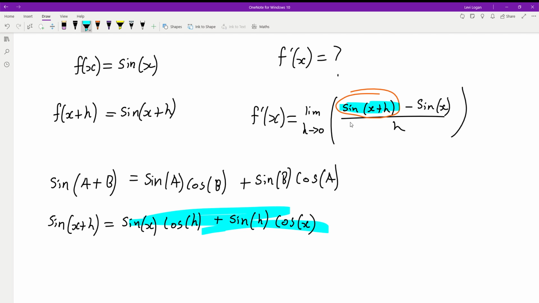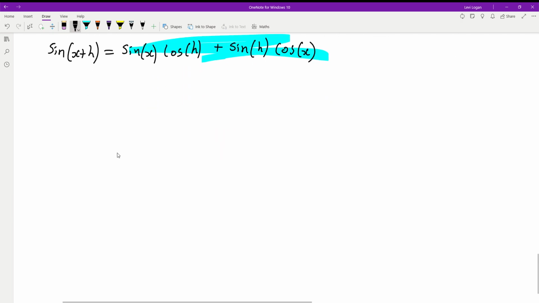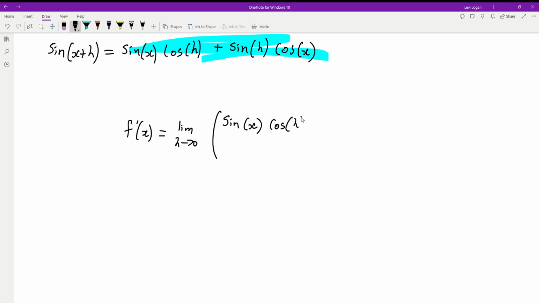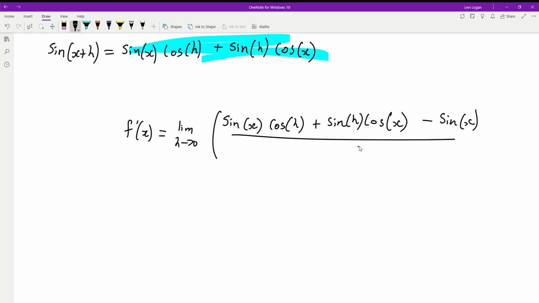So what we're going to do is rewrite that. f dash of x is equal to the limit as h goes to 0 of sine x times cos of h plus sine of h cos of x minus sine of x, all over h.